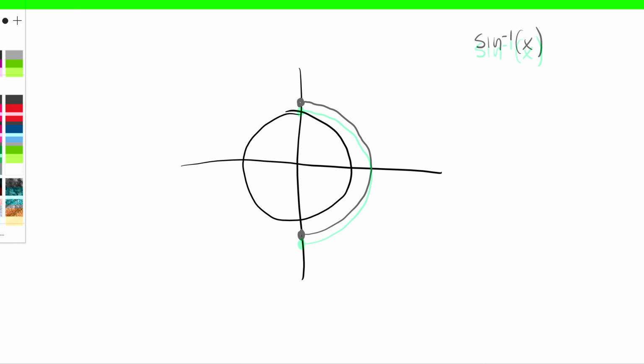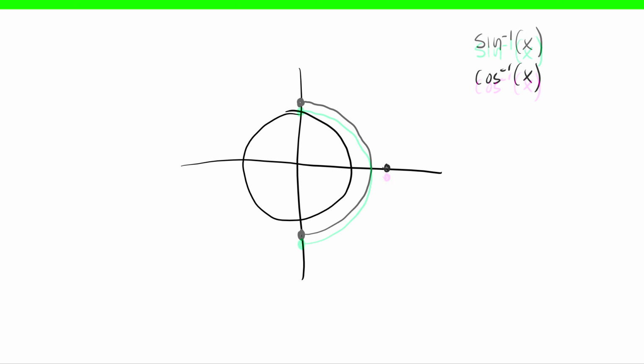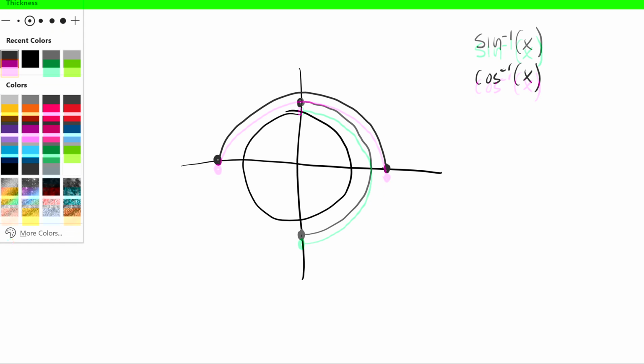Now let's do another color. Inverse cosine of x, remember what we said for this, is everywhere from 0 to pi, including. Those solid dots mean including. Oh, sorry, that should have been green. I'm going to have to fix that somehow.